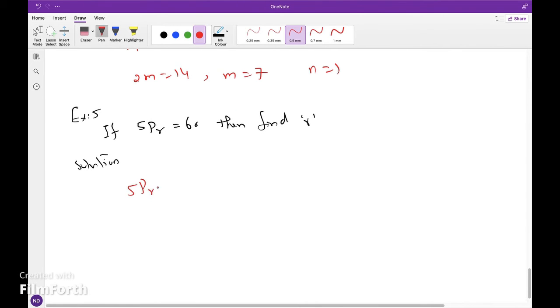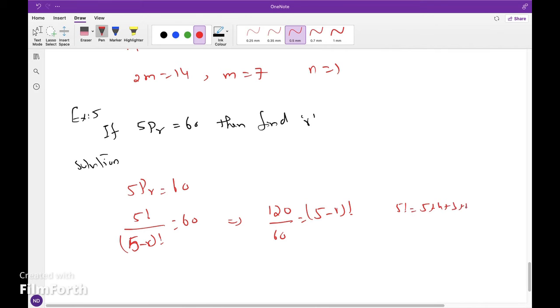Given 5PR equal to 60, that is 5 factorial by (5 minus r) factorial equal to 60, which implies 5 factorial, that is 120, by 60 equal to (5 minus r) factorial, because 5 factorial is 5 into 4 into 3 into 2 into 1.